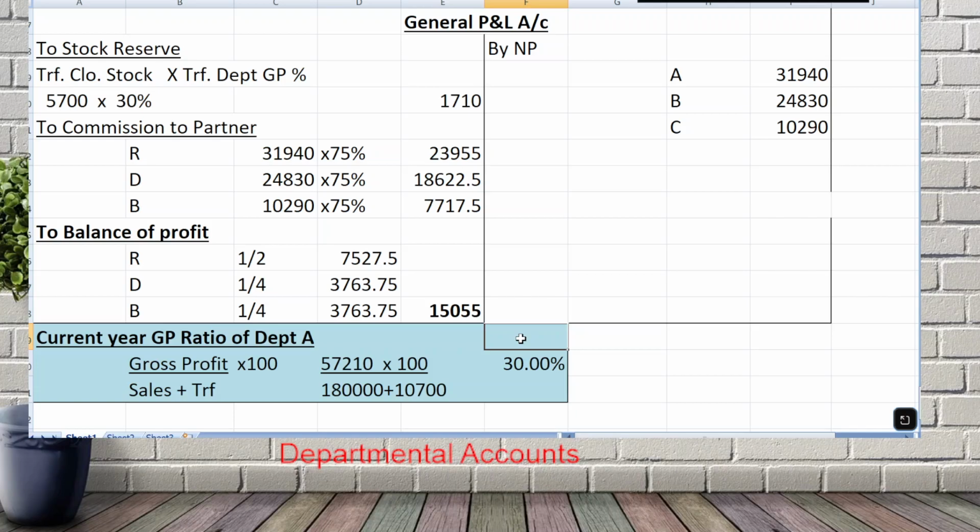Conceptually, the accounts are over. That is, the departmental accounts are over. Number game, they can keep on adding in the same.